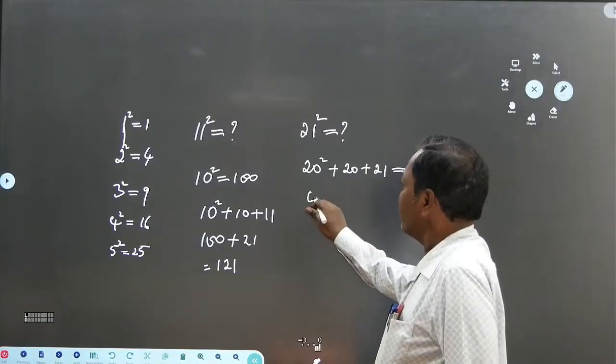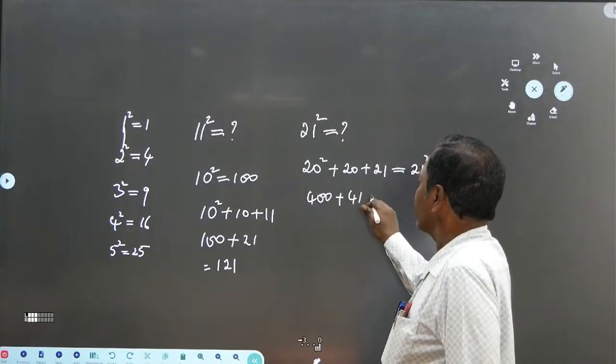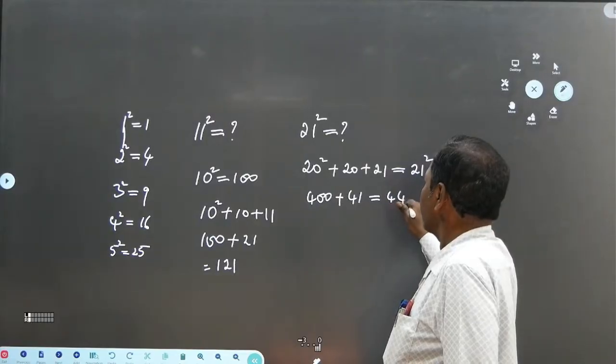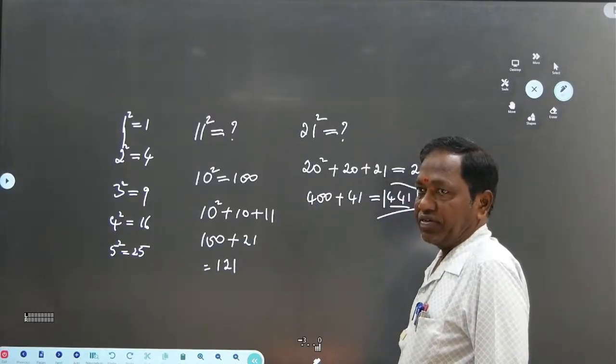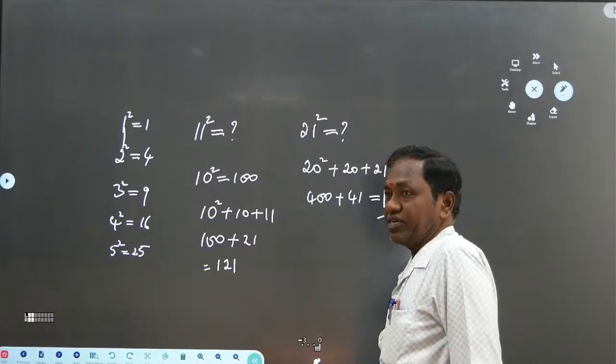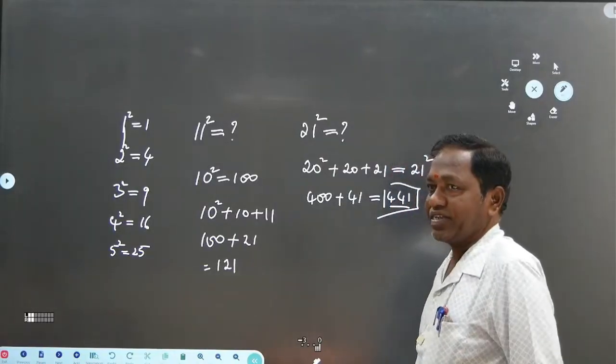It means 400 plus 20 plus 21, which is 41. So this is 441. So the sum of consecutive numbers is the process like this.